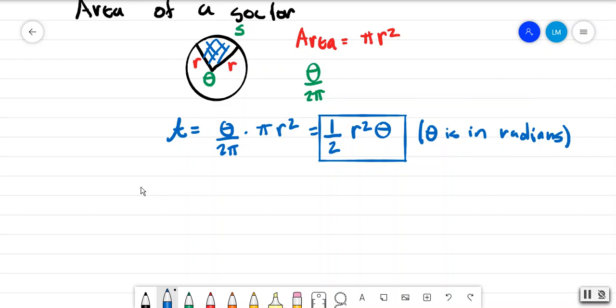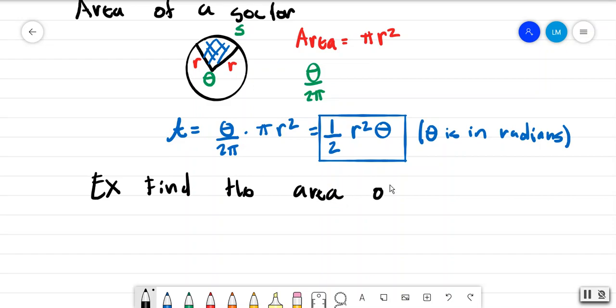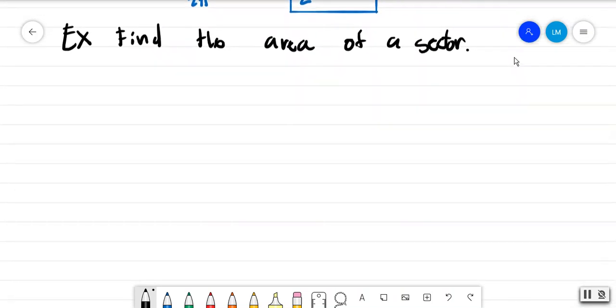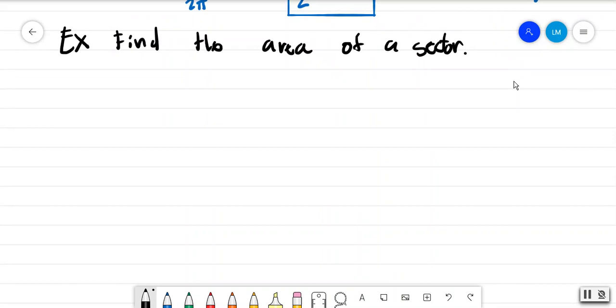Now let's do an example of finding the area of a sector.